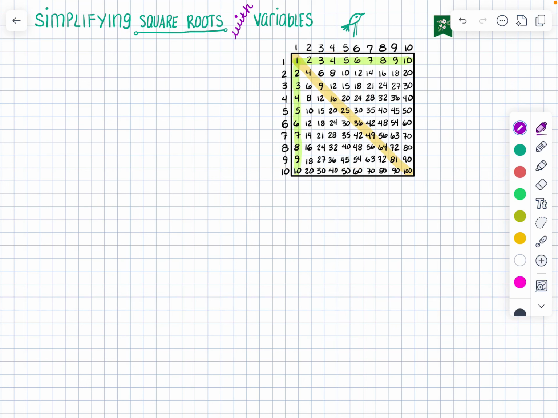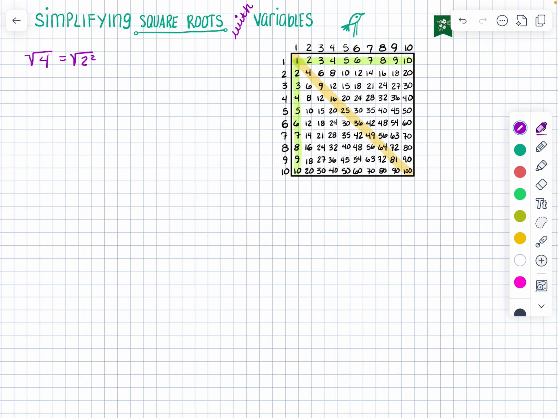Simplifying roots with variables is very similar to simplifying when you just have a number. So I'm going to do an example of something you already know, so we can track it with what we don't know, and that's how to deal with the variable. So the square root of 4, we can rewrite this as the square root of 2 squared.